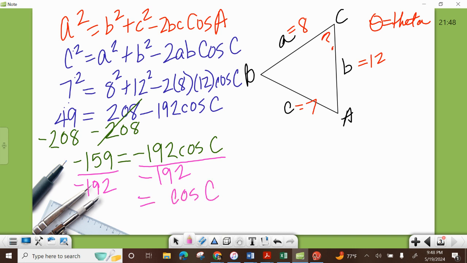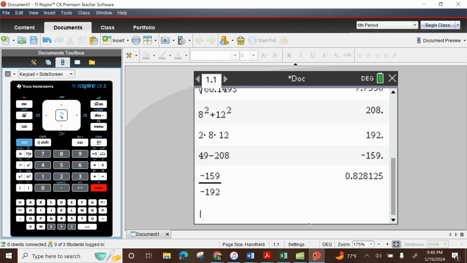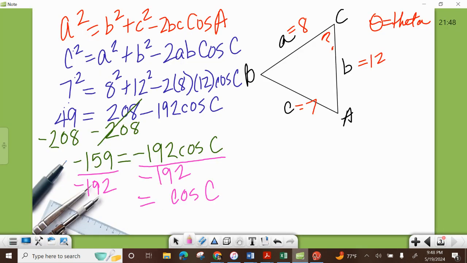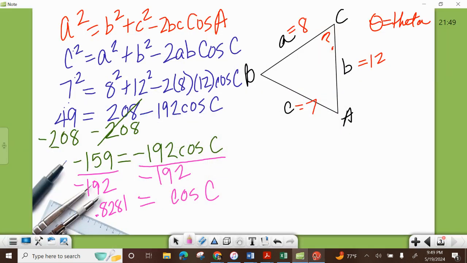So negative 159 divided by negative 192, and you get 0.828125. Again, keep as many digits as you can. I'm going to round to 4 decimal places, 0.8281. That's close enough.